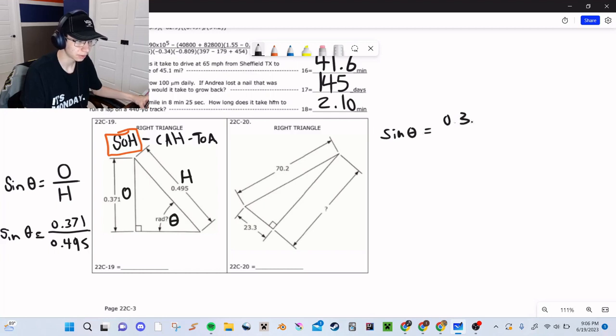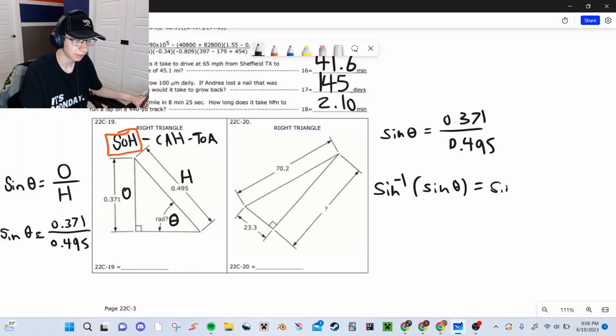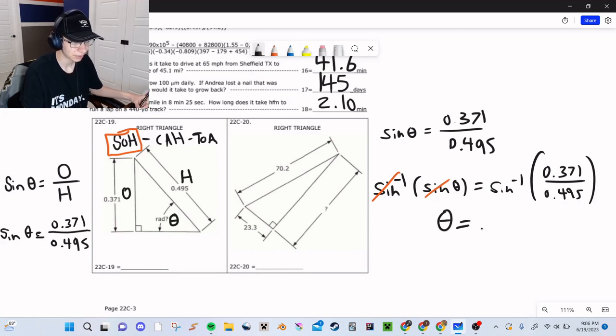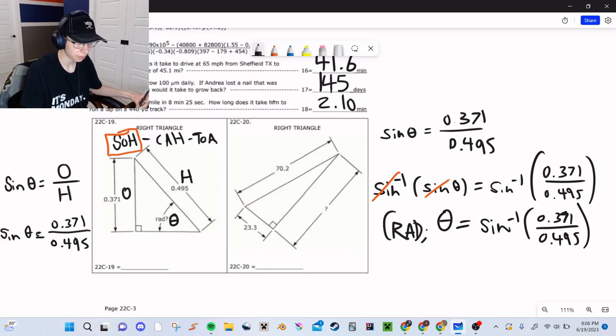Sine theta equals... we're going to do the inverse sine operation on both sides of this equation to get our angle. Sine and inverse sine by definition cancel out, leaving us with just theta is equal to the inverse sine of this fraction. Make sure your calculator is in radian mode.